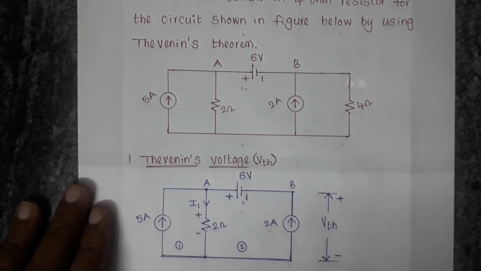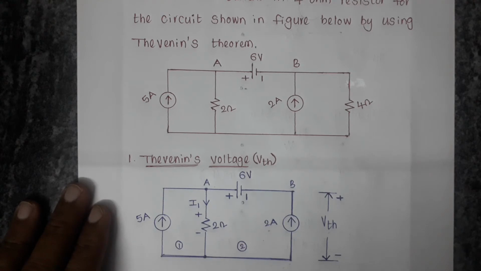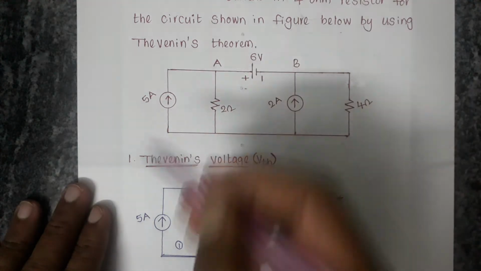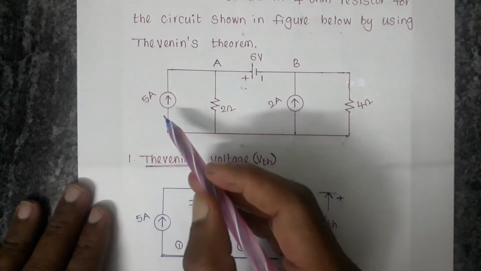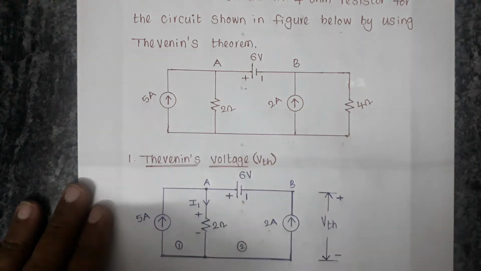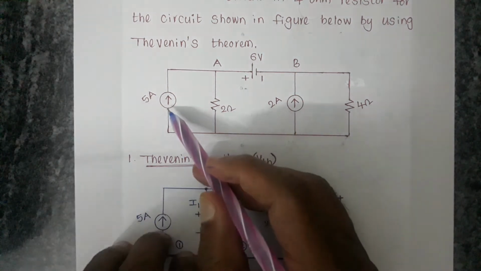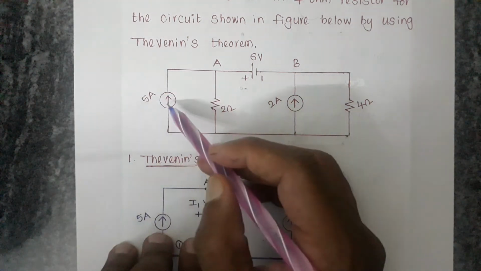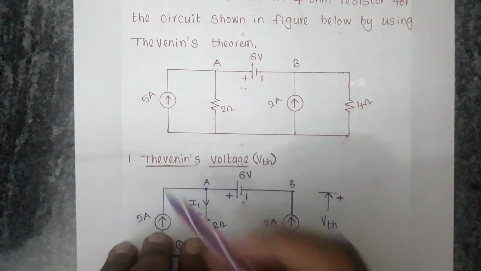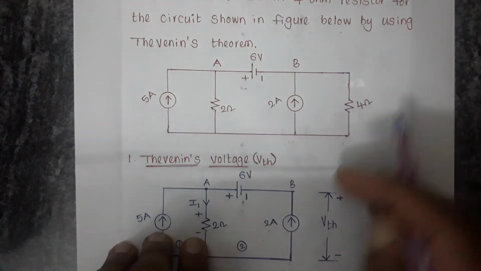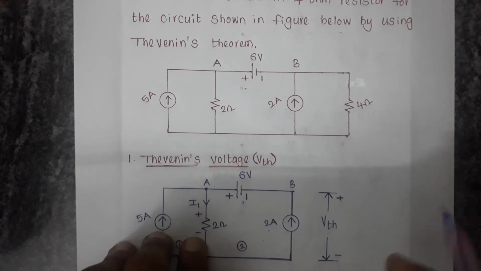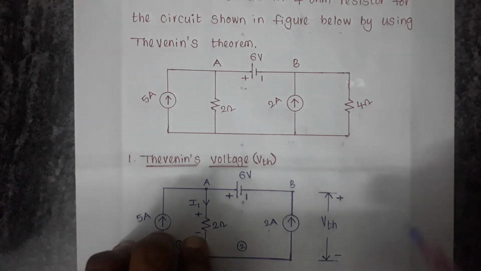So in a case 1 problem, to find Thevenin's resistance, we have to deactivate all the sources, meaning making that value 0. Deactivating means making the value 0, whether it is a current or voltage source.